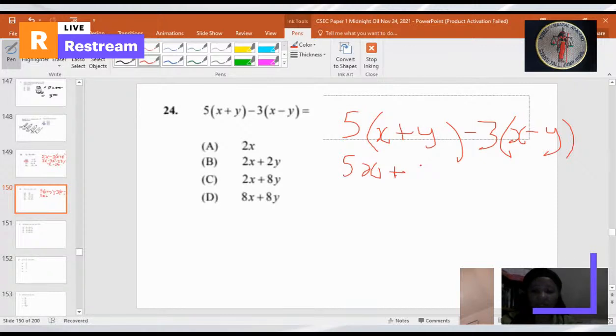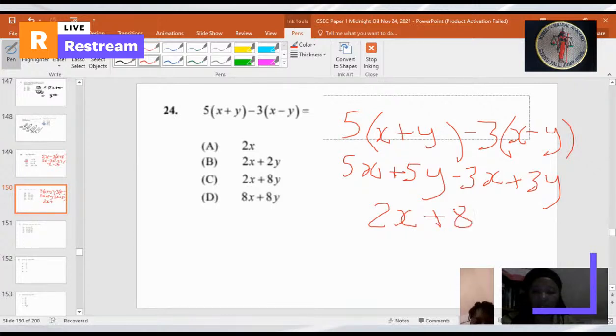Negative 3 times x is negative 3x. And negative 3 times negative y is positive 3y. So 5x minus 3x is 2x. And 5y plus 3y is a positive 8y. This would be C. So that would be 2x plus 8y.